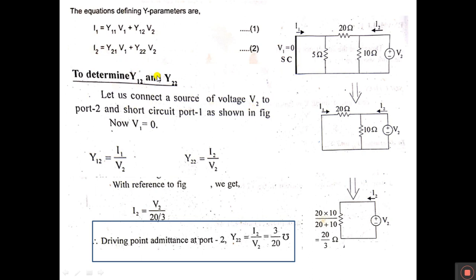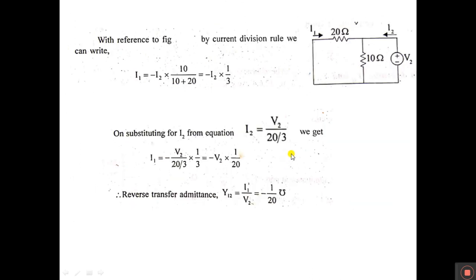Now we are going to calculate Y12. The same case as the previous one. Take the circuit. Previously we calculated I2. Now I1 is calculated. So I1 equal to minus I2, opposite resistance 10 divided by total resistance 10 plus 20. Now we get minus I2 by 1 by 3. Previously we calculated I2 as V2 by 20 by 3. Apply that value here.